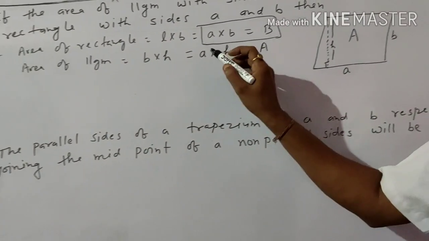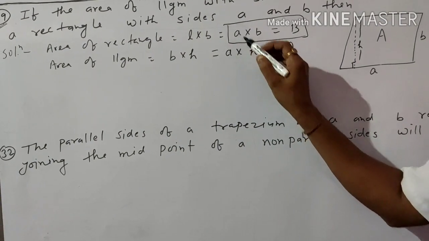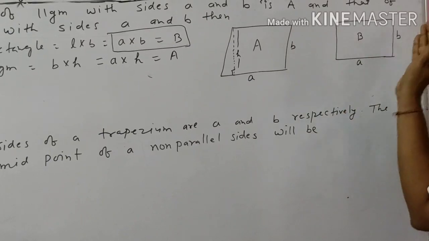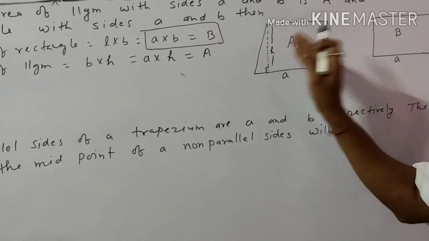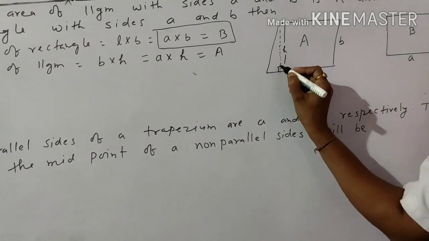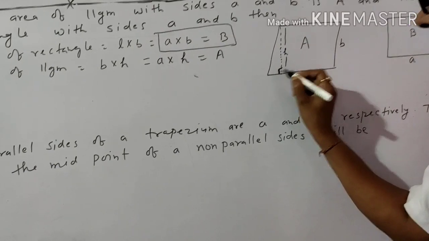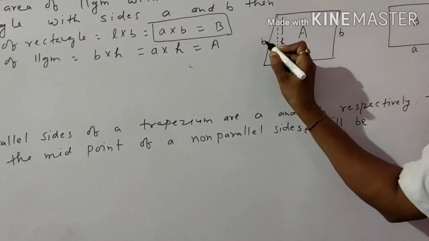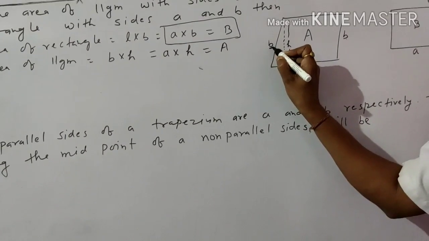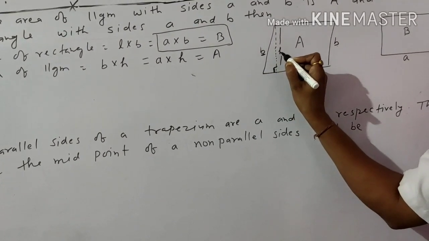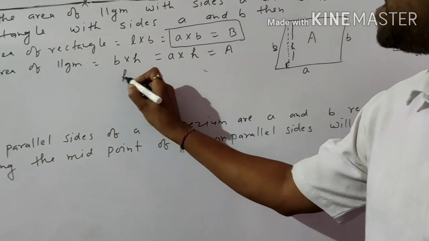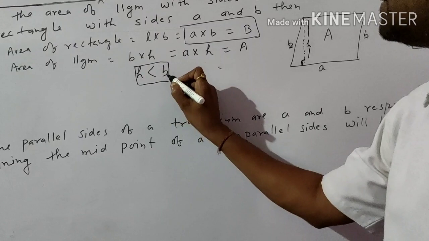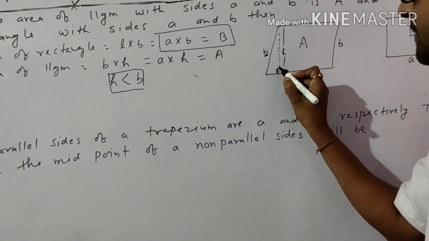So student, look here, A and A is matching, and B and H. So we have to find what is the relation between B and H. Okay, here make the 90 degree, this side is B, so this side is also B. So we can say here B is always greater than H. That means H is less than B, always H is less than B, because here makes 90 degree.